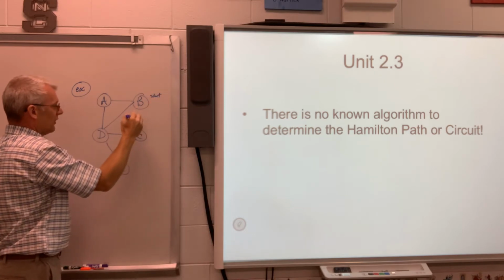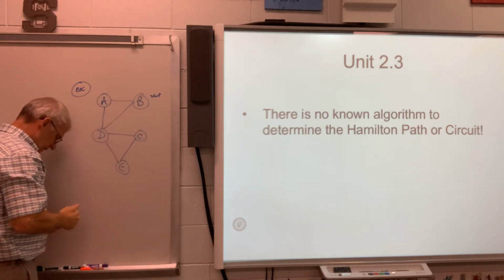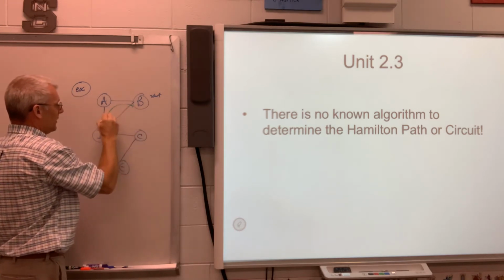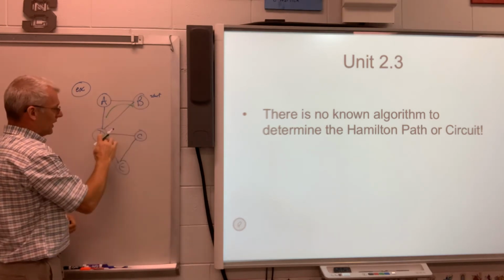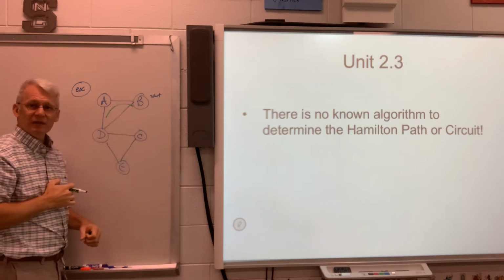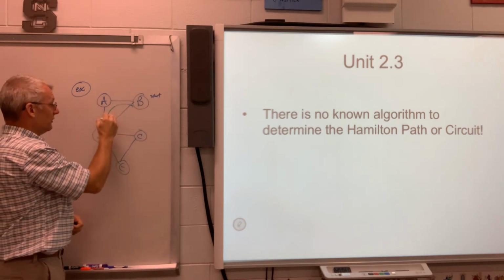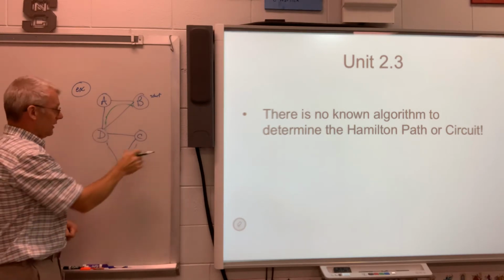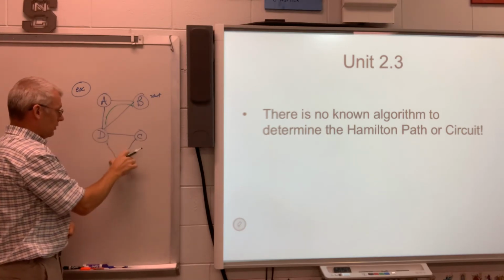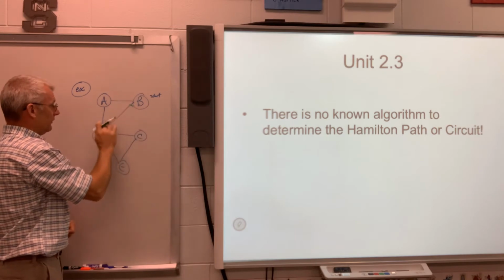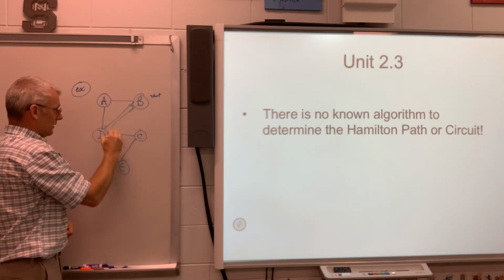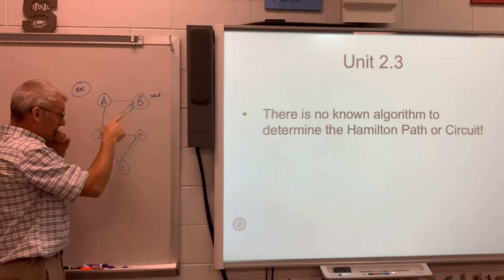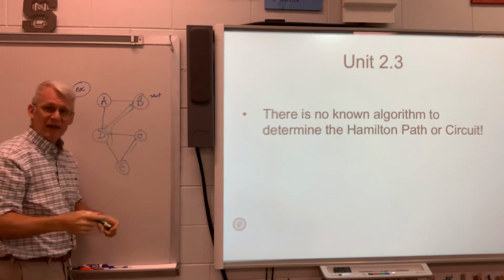Okay. If I start at B, then can I go around? Well, no matter what I do, if I go this way, I can't get back to B, okay, because I cannot go through D again. So I could go there and end up at C. I could go this way, and actually I can't go that way because I've got to go back to A somehow.